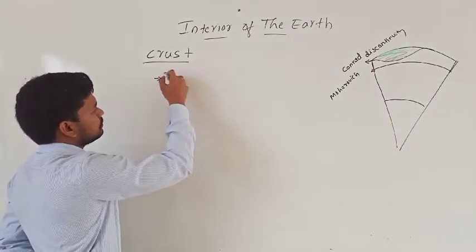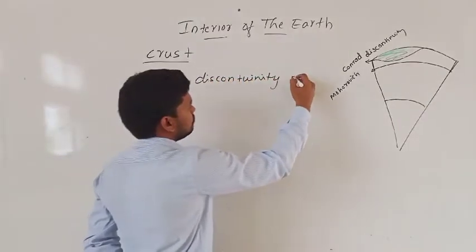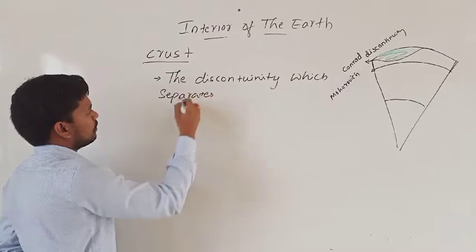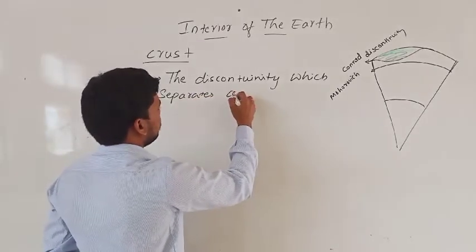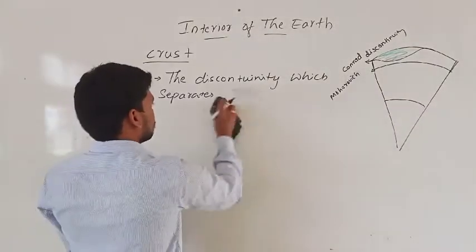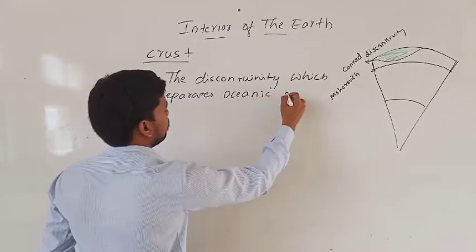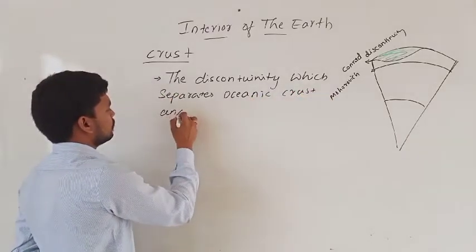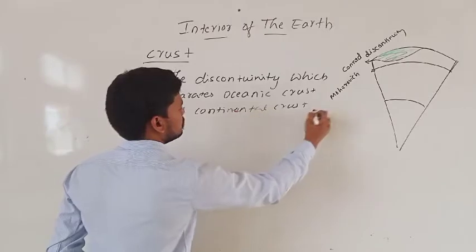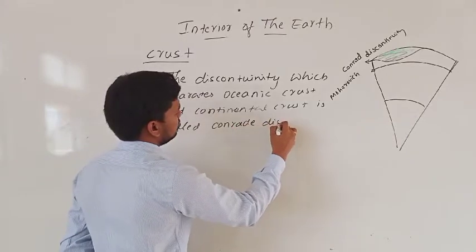Write down: the discontinuity which separates the oceanic crust and continental crust is called Conrad discontinuity.